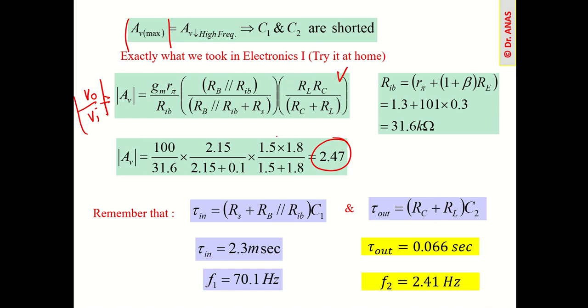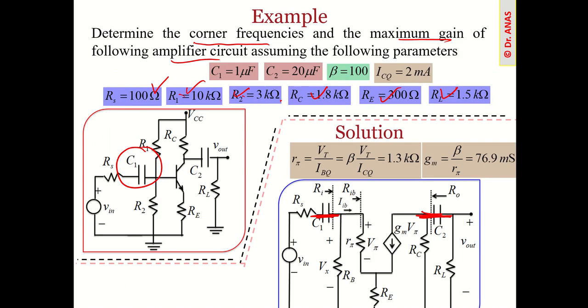Even if you already have your transfer function, just remove the capacitance effect: make the series capacitor short and the parallel capacitor open, and in that case you will get the maximum gain value.